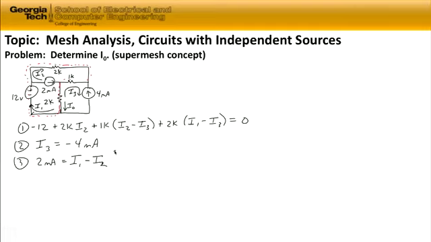So now we have three independent equations: one from our supermesh, one from loop 3, and another from our constraining equation for the 2 milliamp source. We have three equations and three unknowns. We already have I sub 3.